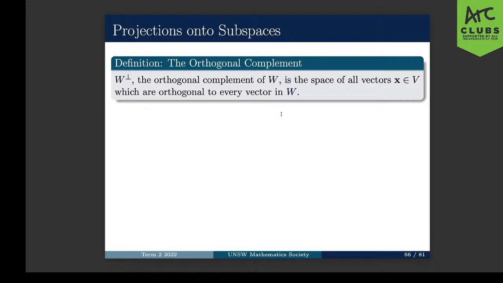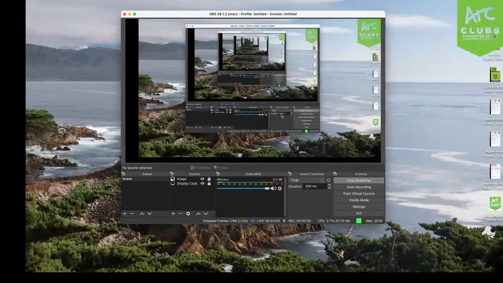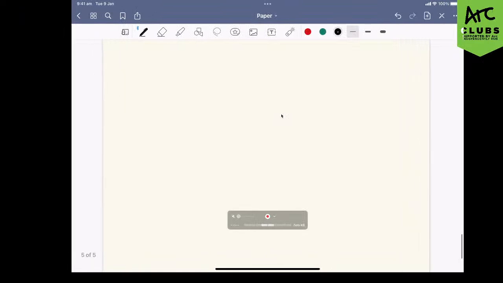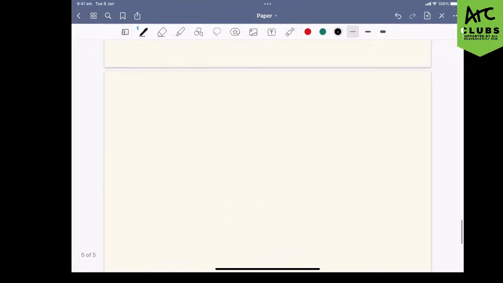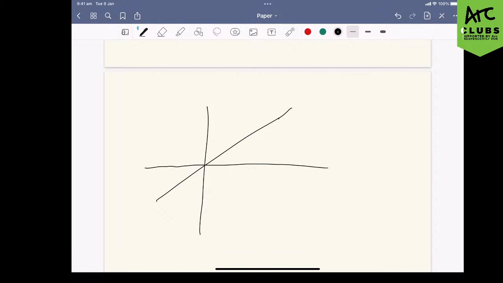Let me illustrate that for you. Let's just talk about R3 here, and let's say, what's a good subspace to talk about? Let's just talk about a plane. How do I draw this? Yeah, a plane through the origin.